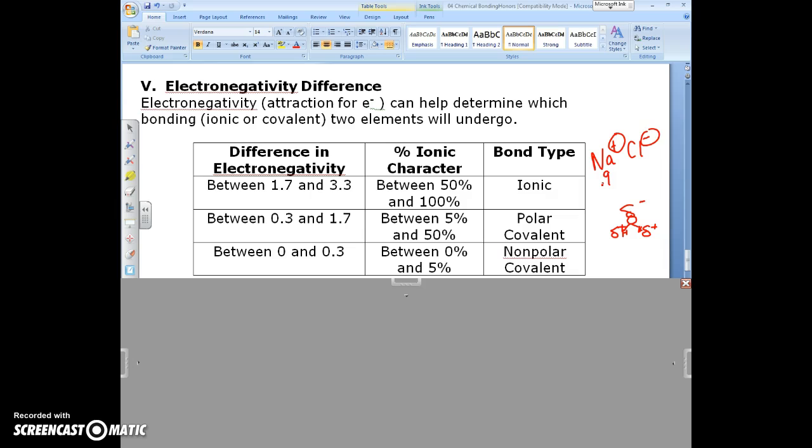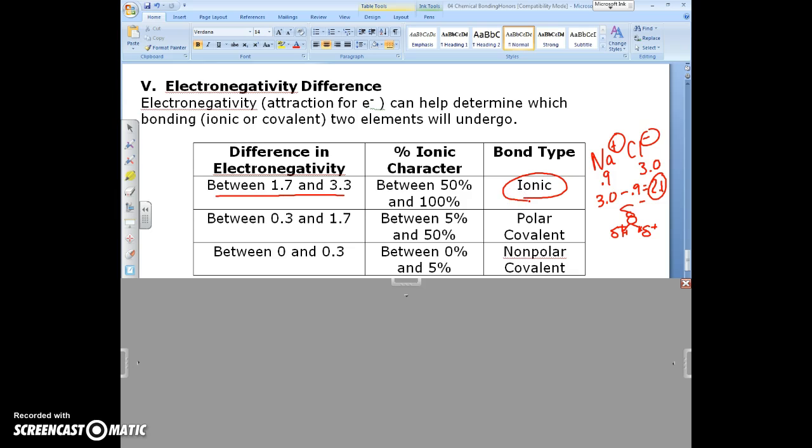Chlorine, on the other hand, is much more electronegative with a value of 3. So if I take big number minus small number, 3 minus 0.9, I get 2.1. That is my difference in electronegativity. And then I look over here, and it falls within this range. It's between 1.7 and 3.3, so I know this is an ionic bond, and I can prove that mathematically.